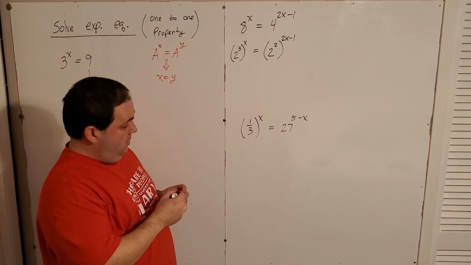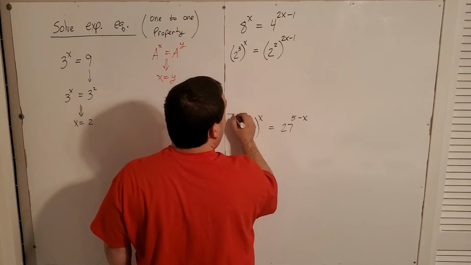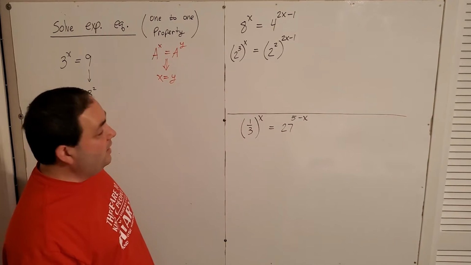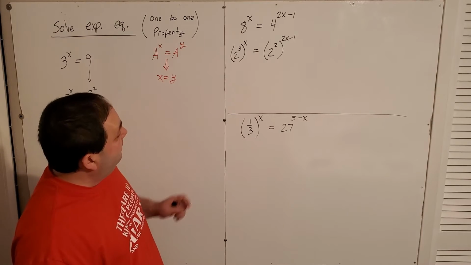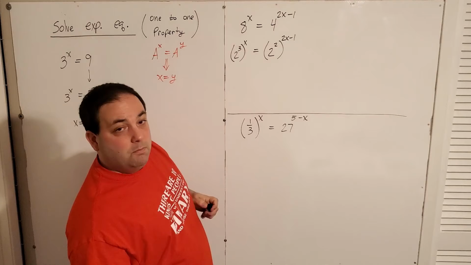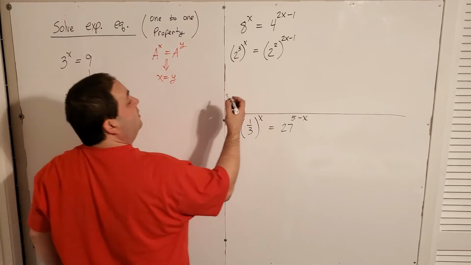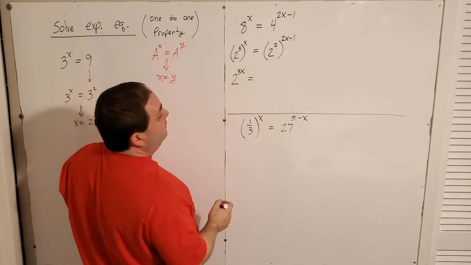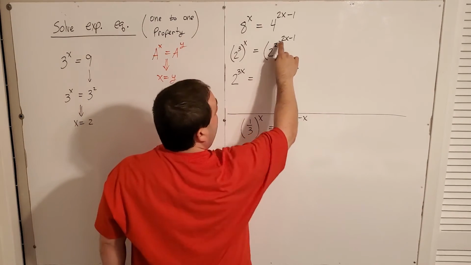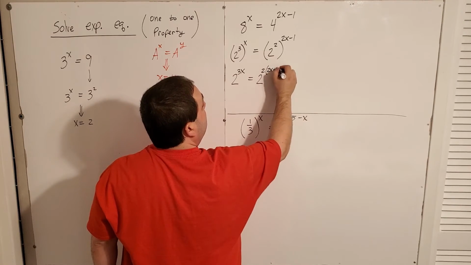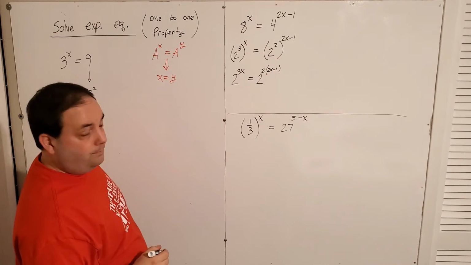Now at this point, the only thing you have to remember is how to simplify some exponents, right? Don't forget that when you raise an exponent to another exponent, you just have to multiply those two exponents. So in this case, I'll have 2 to the 3x, 3 times x, right? And then here, I'll have 2 to the 2 times 2x minus 1.